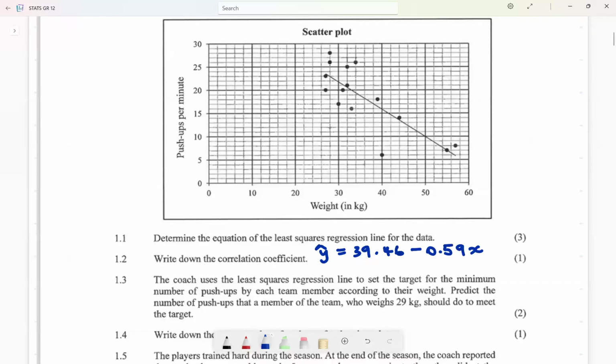For just easy 3 marks. Answer only, you get 3 marks because you have used your calculator.